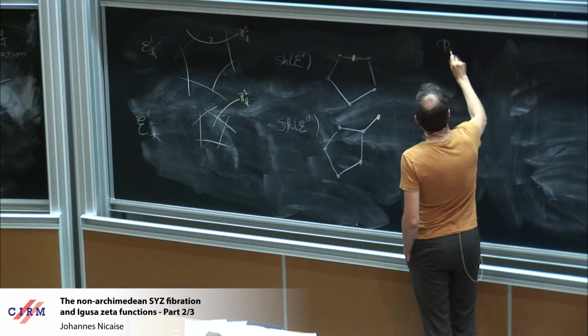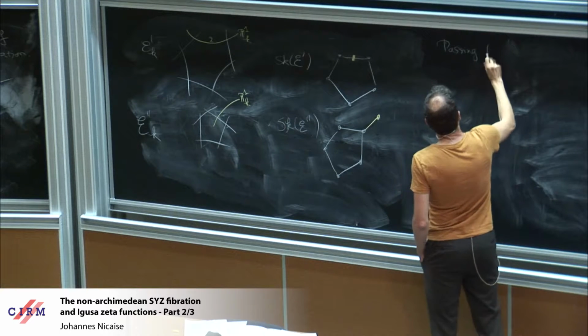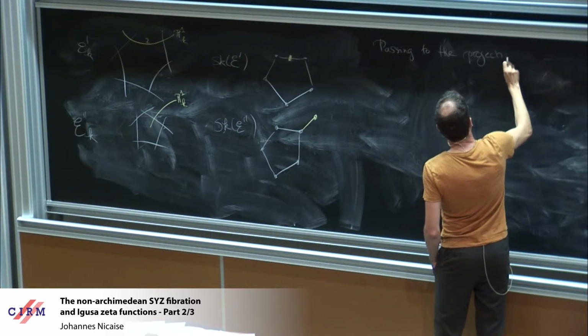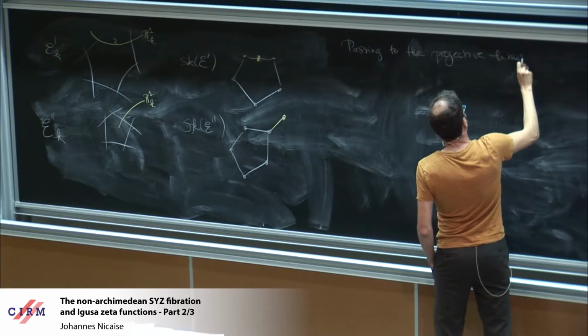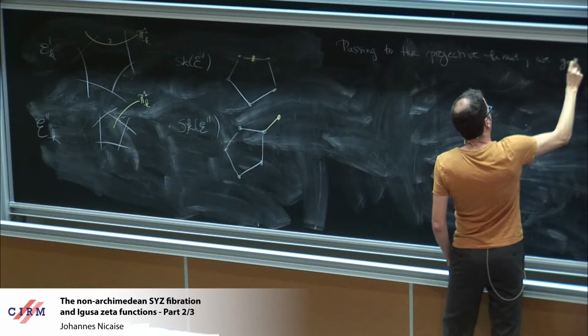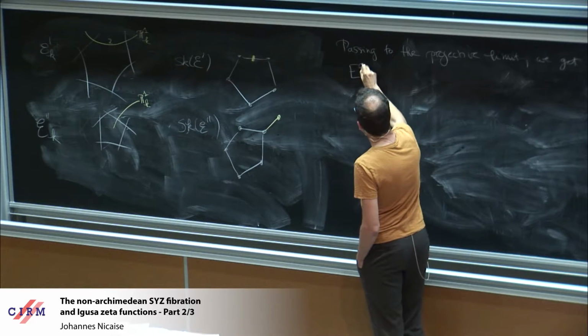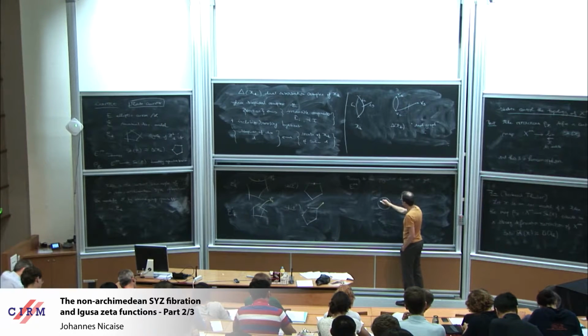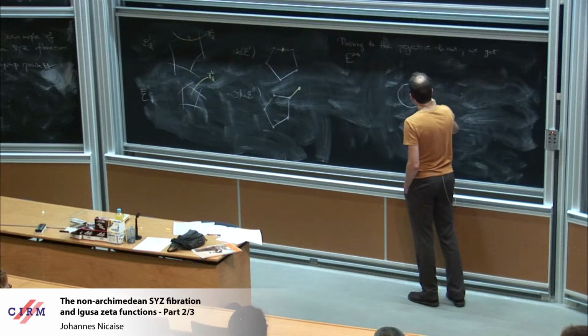So passing to the projective limit, we get the following picture for the identification of the elliptic curve E. So in the center, we have the skeleton of our minimal SNC model.